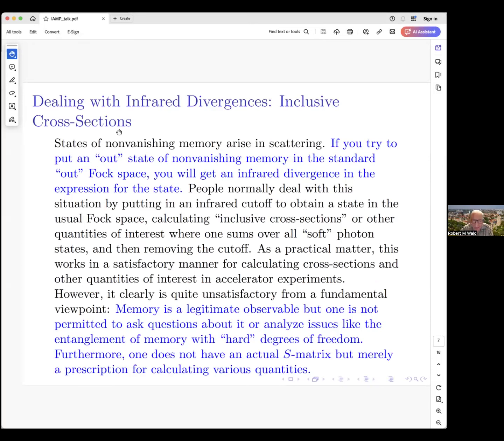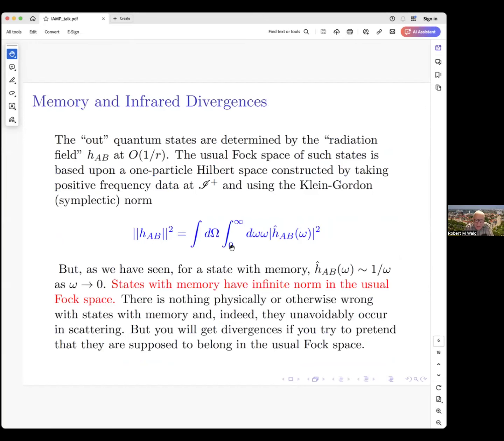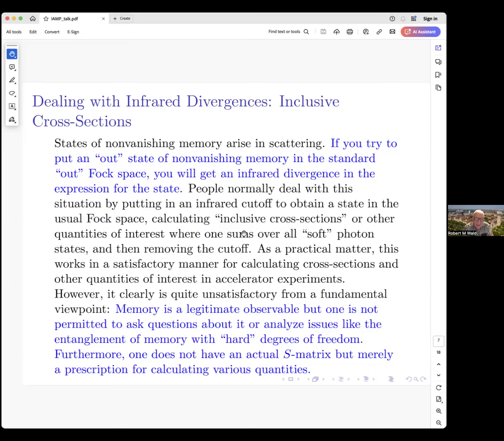And there are perfectly good, and in fact, I would claim legitimate, ways of working around the fact that the state you're interested in isn't a state in the usual Fock space, but you might want to pretend it is for doing some calculations, like inclusive cross sections, to predict what you're going to see in a scattering experiment at CERN, where you're not interested in measuring this very low frequency behavior of the state.